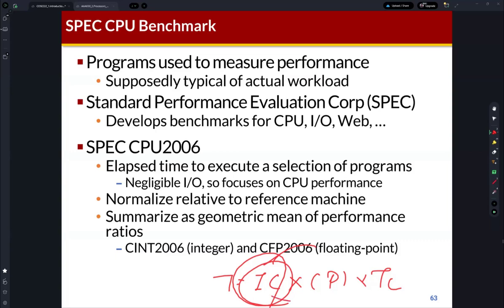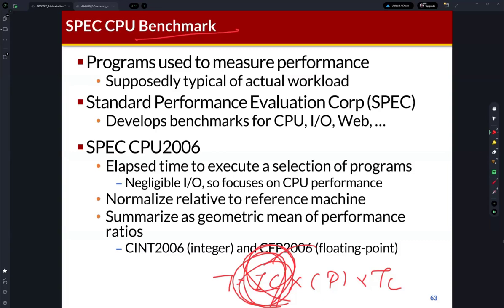Why? Because we need to make this part the same for the different machines, right? Do you understand? So we use standardized applications for measuring the performance of computer systems, and these applications are called benchmarks.